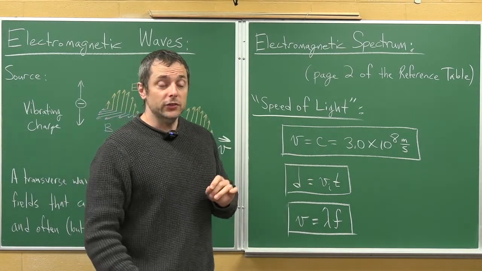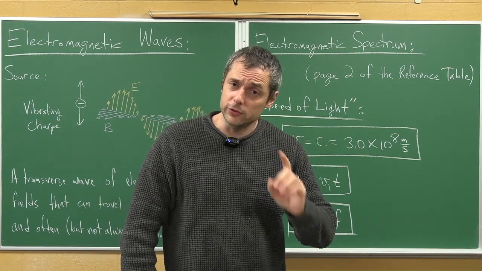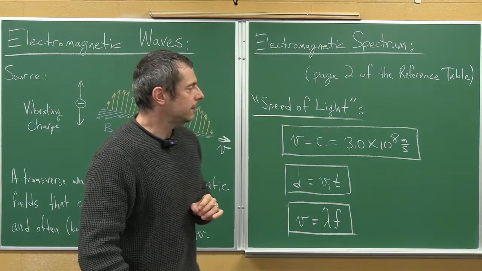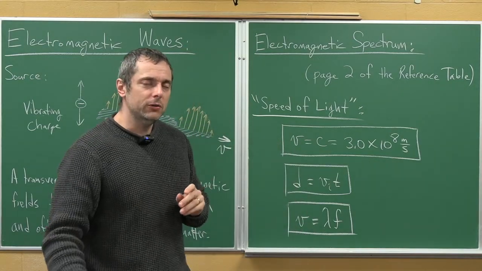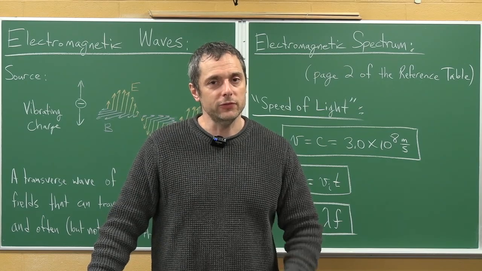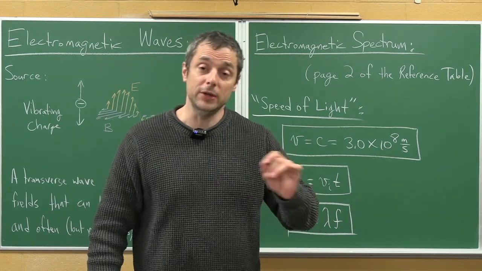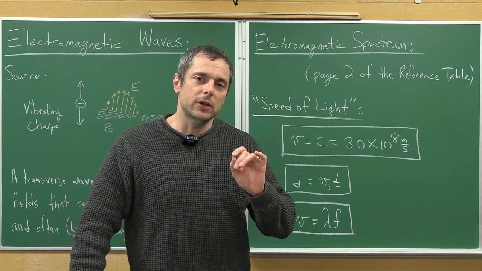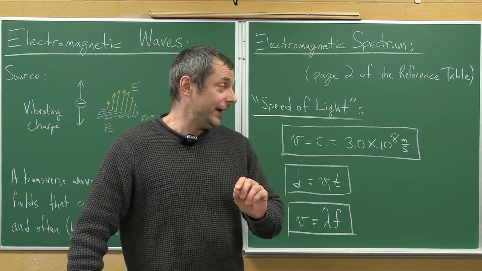Now, just like sound traveled at a certain speed, these electromagnetic waves also travel at a certain speed. But we don't call that the speed of electromagnetic waves, like we say speed of sound. We call all of these speeds the speed of light.